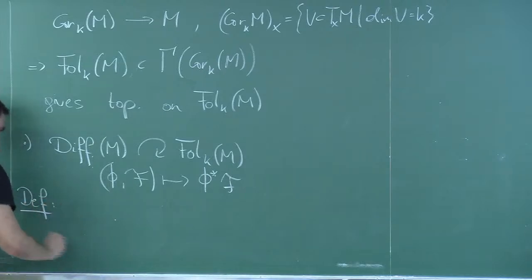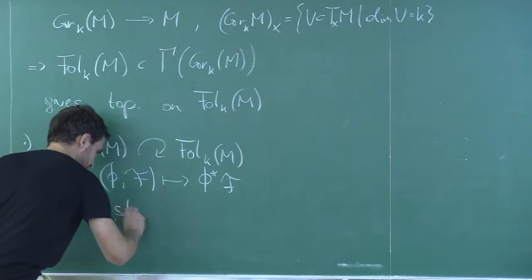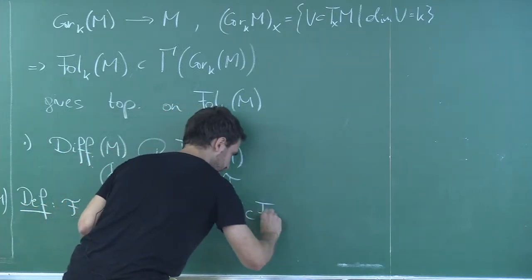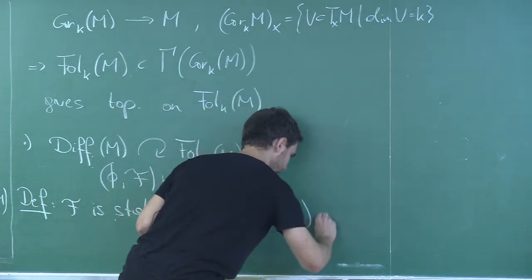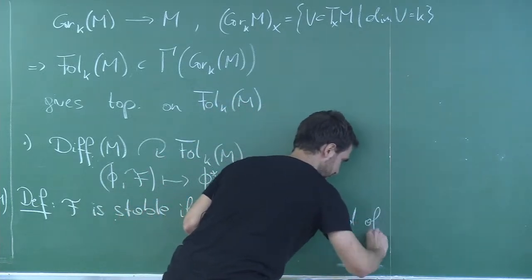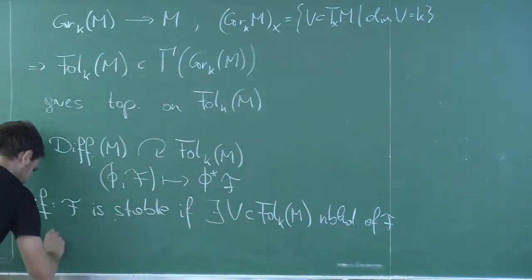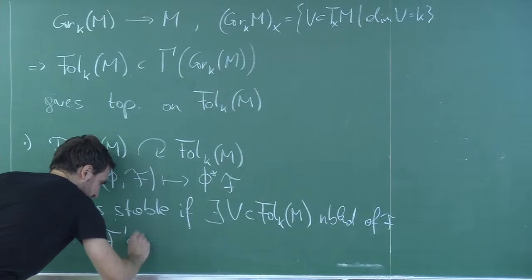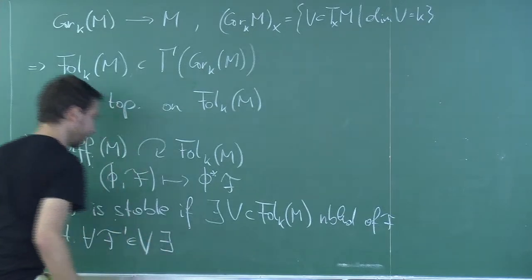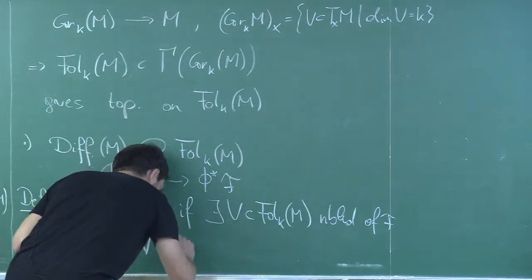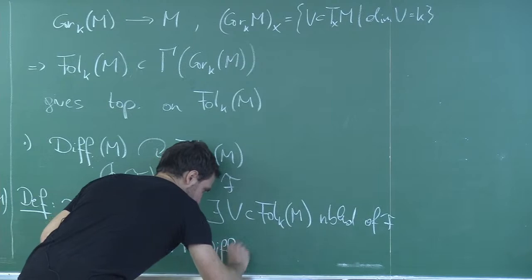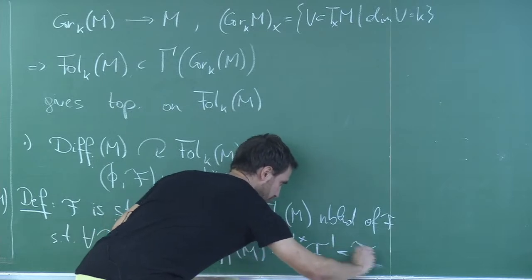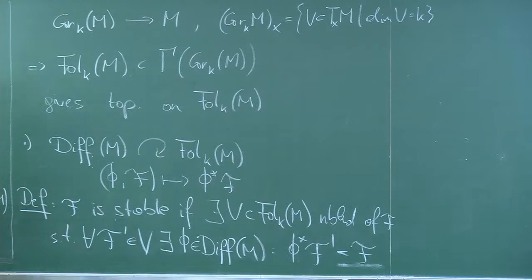So we call the foliation F stable if we can find a neighborhood V of F inside our topological space of foliations, such that for every foliation F tilde or F prime in V, we can find a diffeomorphism mapping F prime to our original foliation.